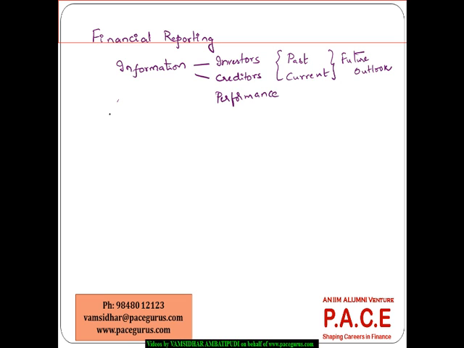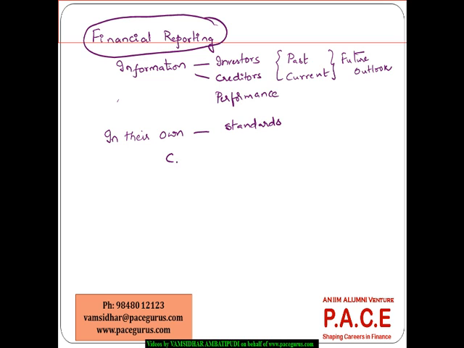Now, the main intention is this: can financial reporting be done by the firms in their own manner, or should there be some set of standards for providing financial reporting? See, financial transactions are pretty complex.